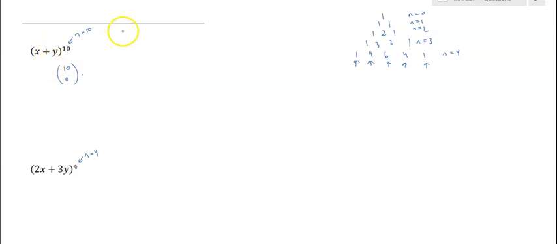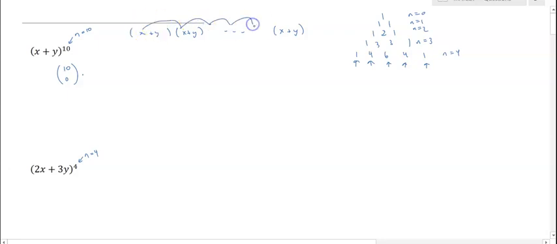So if you think about this, we'd have 10 sets of parentheses, each with x plus y in it. We'd have 10 of these, right? And if you were to, not go through traditional foiling, but if you were to distribute this all out, effectively every value in every set of parentheses would multiply every other value. So at some point you'd get x times x times x times x times x, all those x's in between, and you'd get x to the 10th, right?